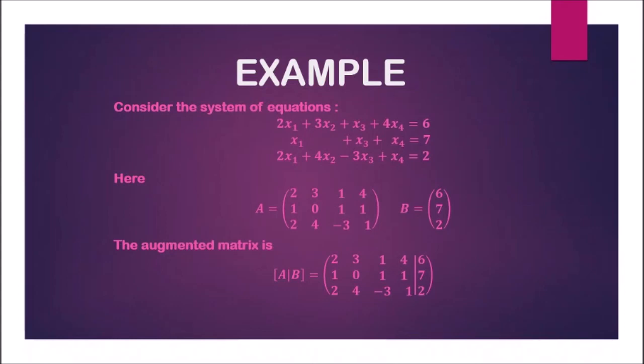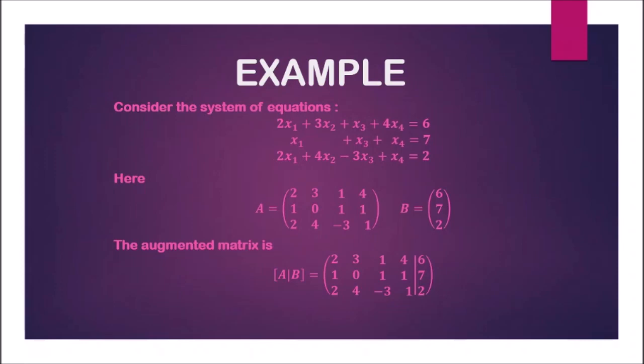Consider this system of linear equations of 4 unknown variables. Here, coefficients of x1 are 2, 1 and 2, which are written in the first column of the coefficient matrix A. Similarly, coefficients of x2 are written in the second column of coefficient matrix A. Observe that in the second equation the variable x2 is missing, so in this case we have written 0 in second row, second column.